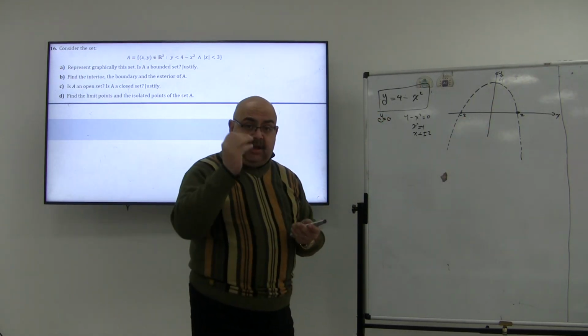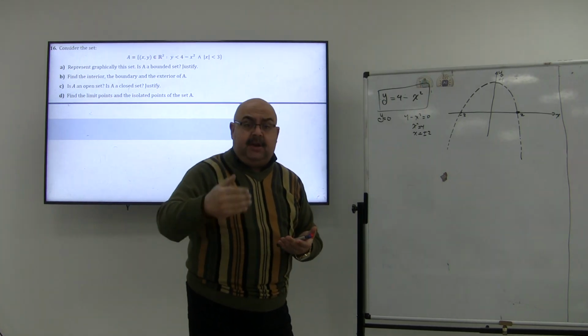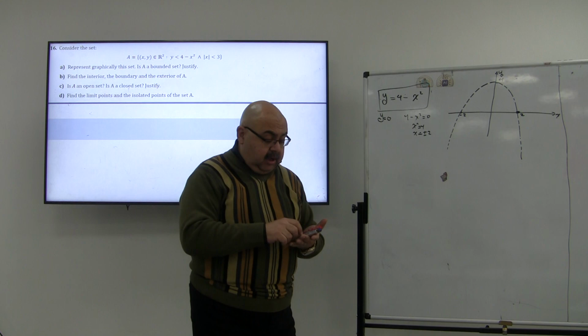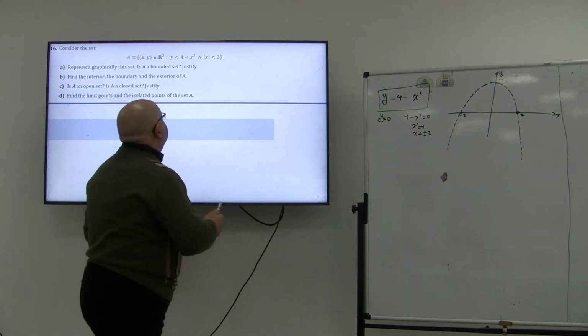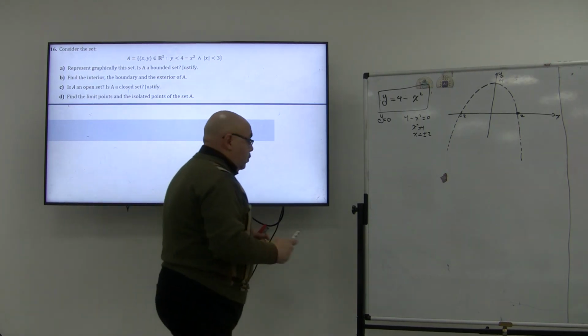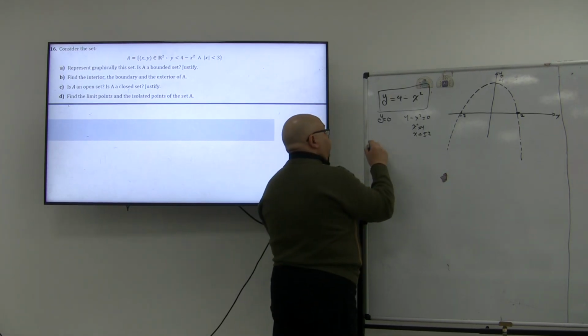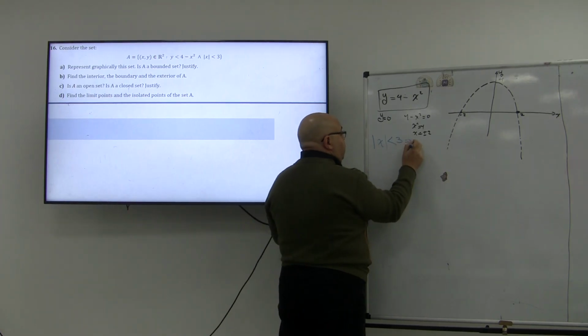But before I identify it, I will see if there are other functions inserted in this relation or not. And the absolute value of x is less than 3. If I want to identify the absolute value of x less than 3, it means that we will have positive or negative x which is less than 3.